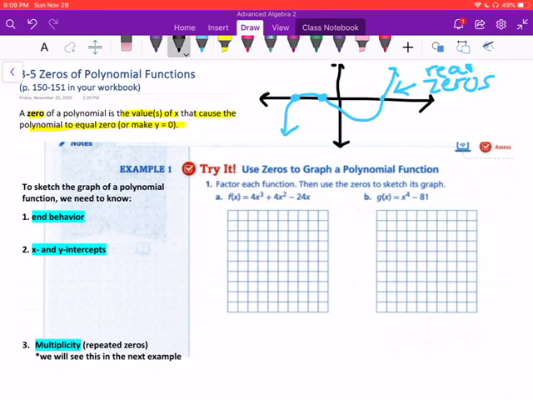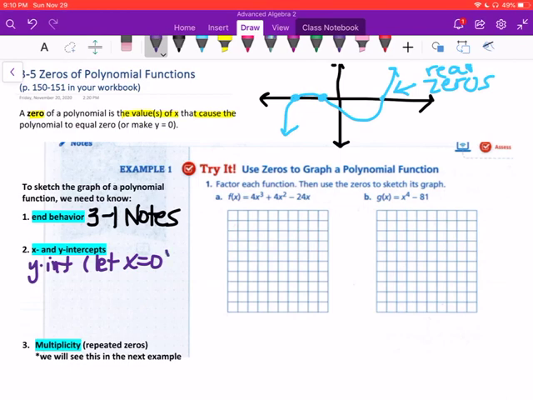The first thing you need to know is end behavior. You'll want to refer back to your 3-1 notes on the end behavior. Remember, you'll find your end behavior by looking at the leading coefficient and the degree. Then you'll need to know your x and y intercepts. To find your y-intercept, let x be 0 and solve for y.